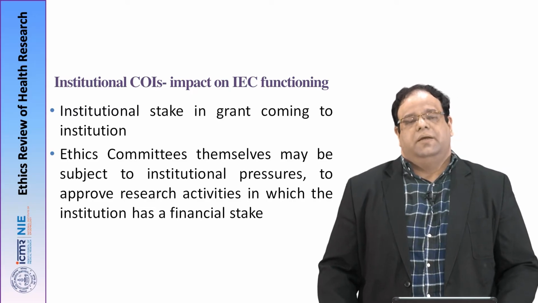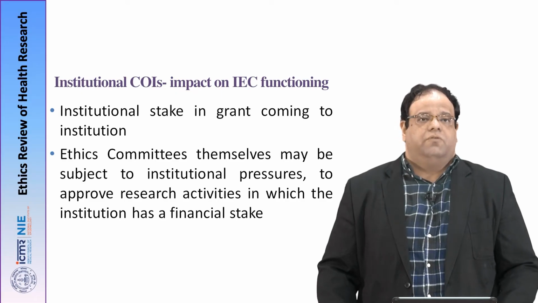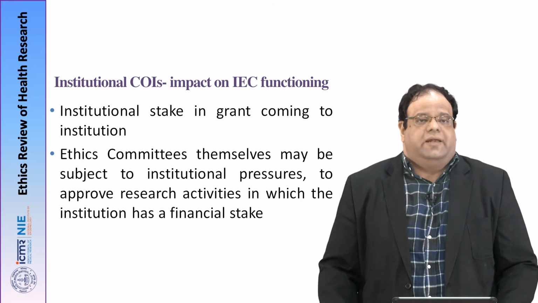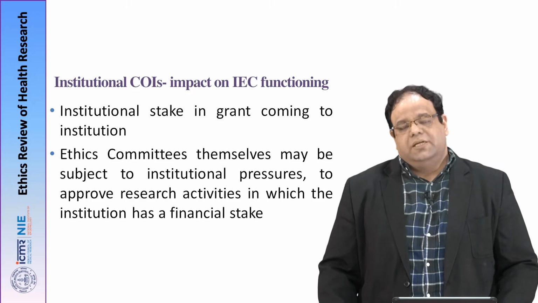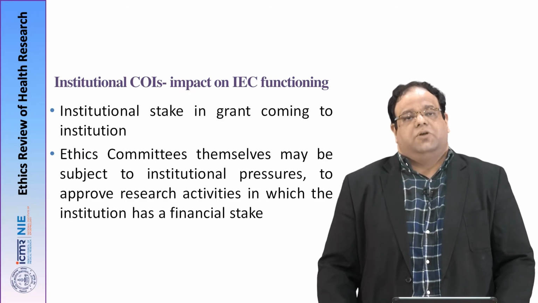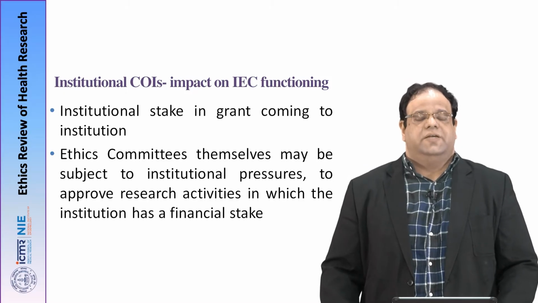For example, increasingly we are seeing in many institutions that salaries are actually drawn from research projects, and there is no other way of paying salaries for many staff within the institution. So the senior leadership in the institution always has this pressure on them to get more and more grants, because that is the only way they can sustain many of their staff members.